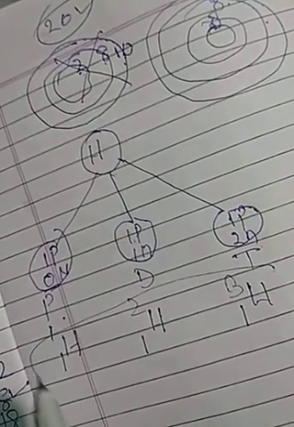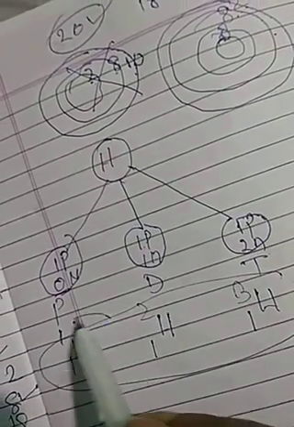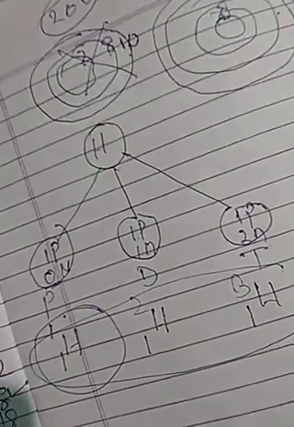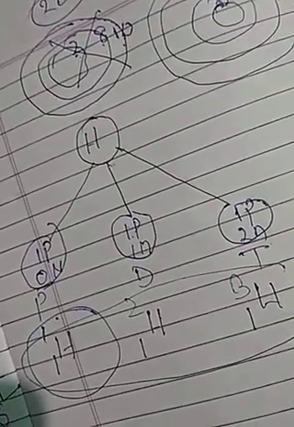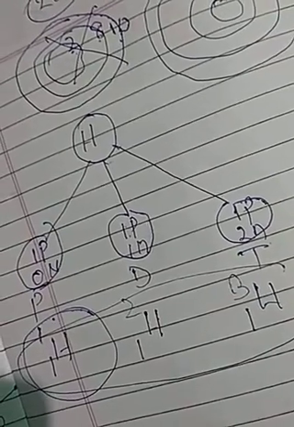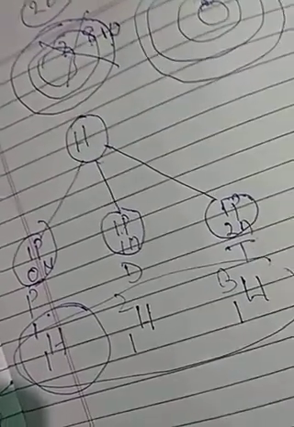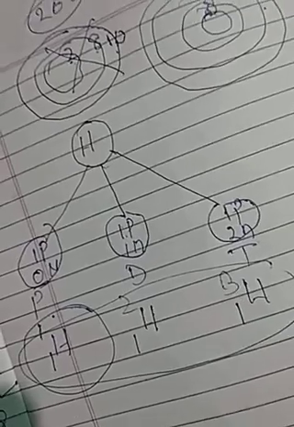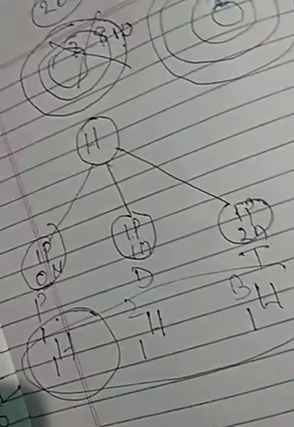So except protium, all the other atoms are made up of 3 subatomic particles: electron, proton and neutron.